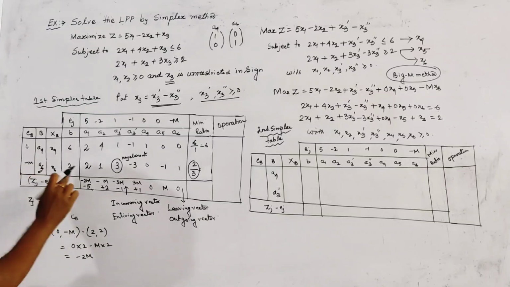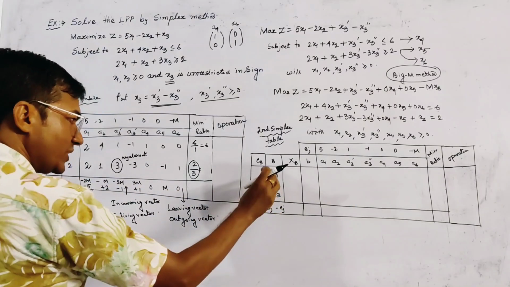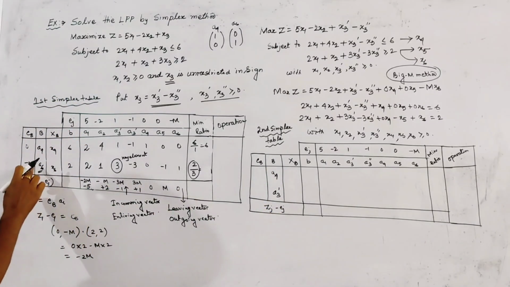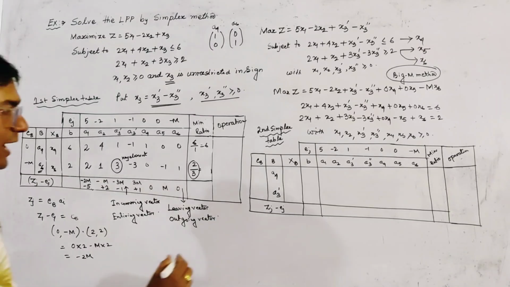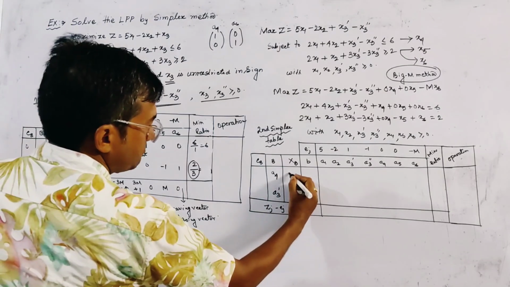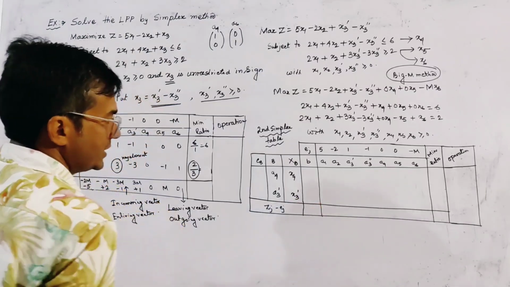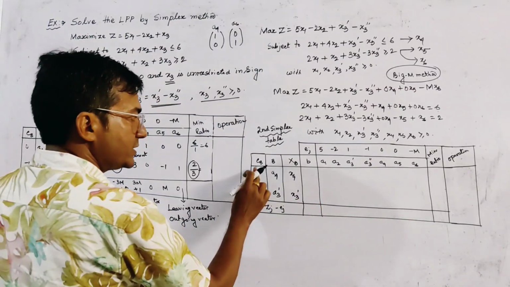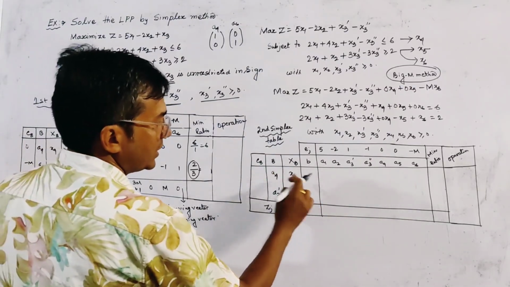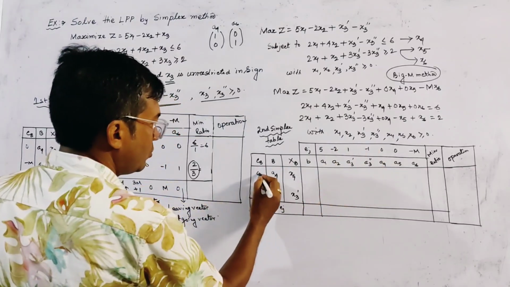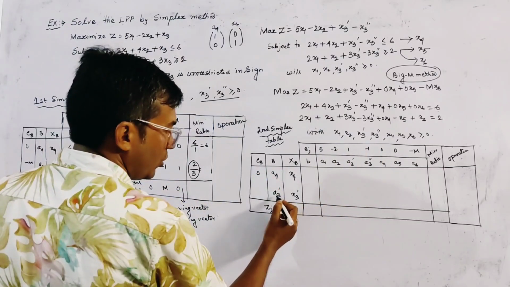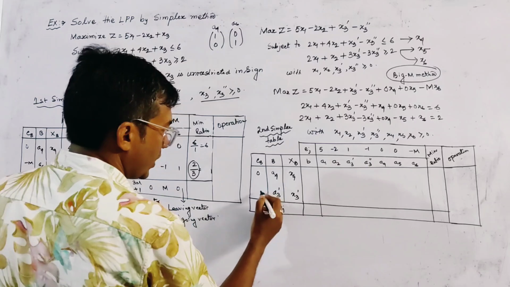So A3 dash replaces the outgoing vector A6, and clearly this is given by x4 and x3 dash. And how to write CB? CB is nothing but 0 and, for A3 dash, this is 1.